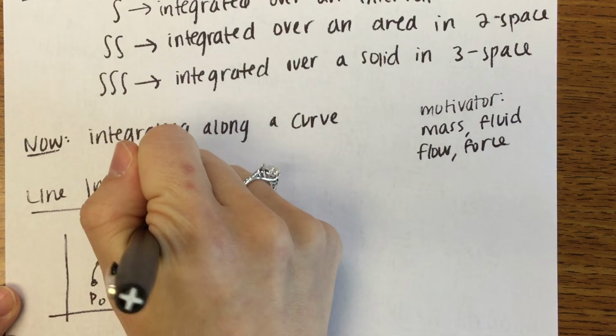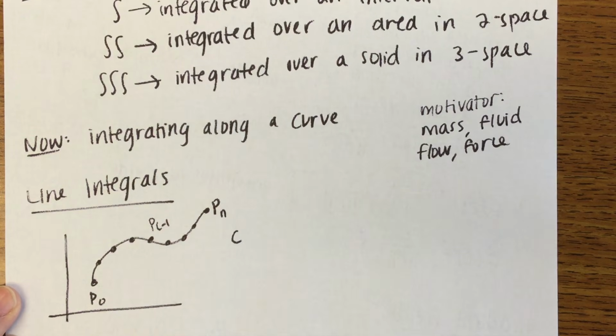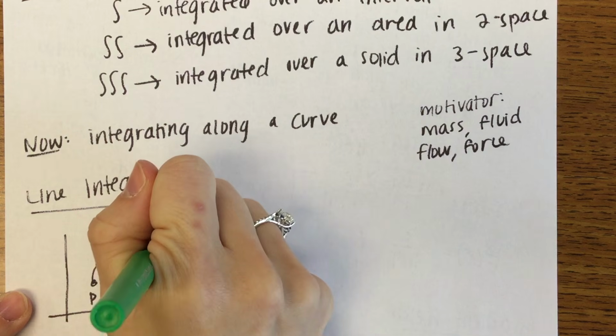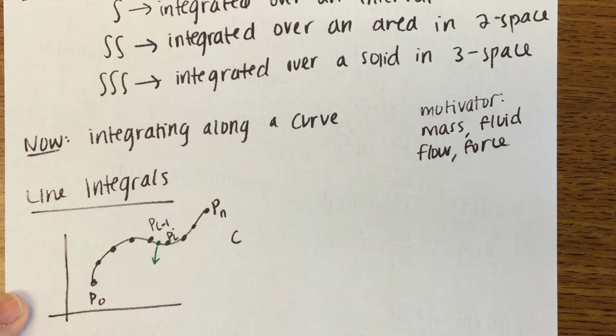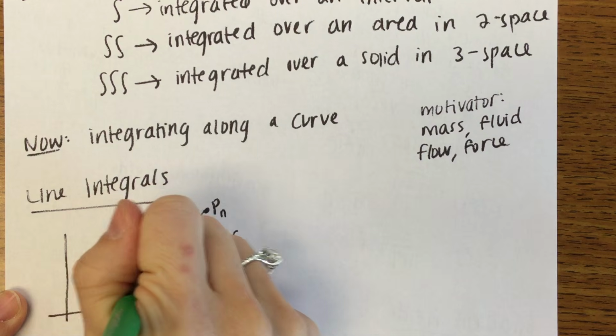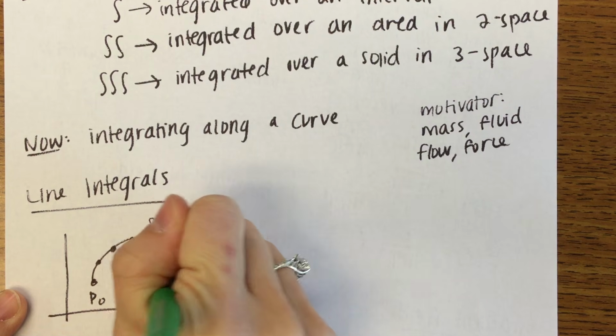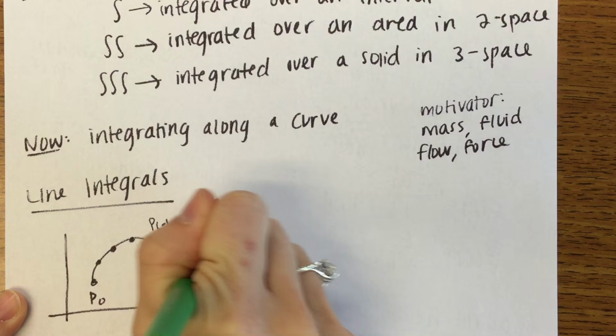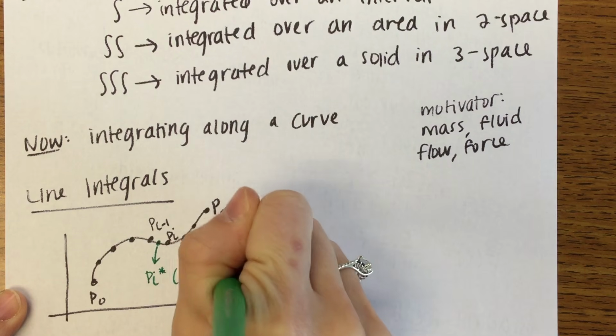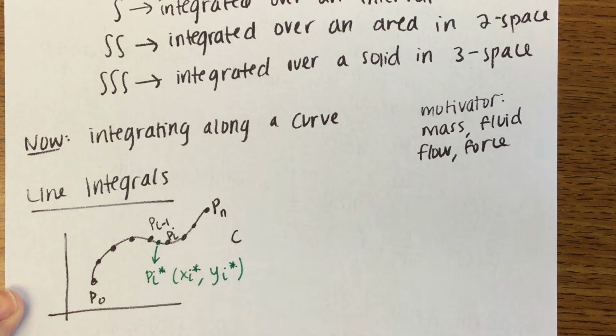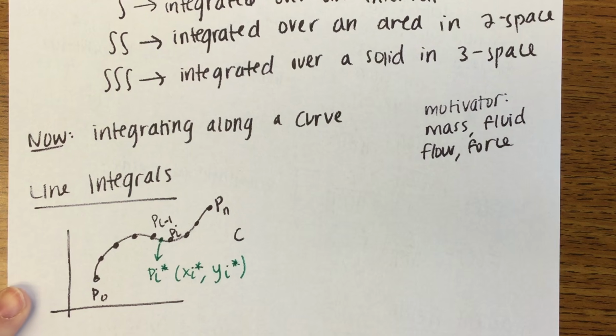One point is P of i minus 1. The next point is P of i. So you have that interval then. What you're going to do, like we've done before, is choose some point in that interval. I'm going to call it P of i star, and it's x of i star, y of i star.